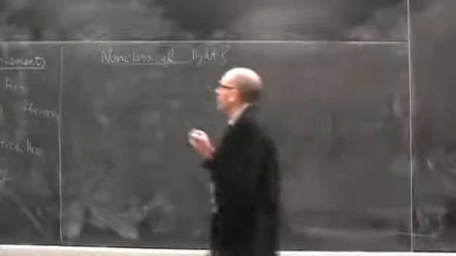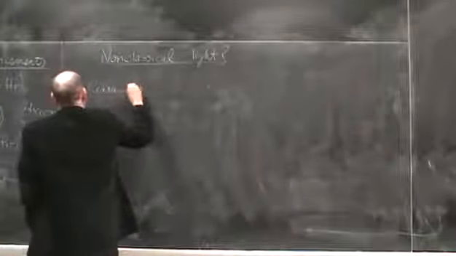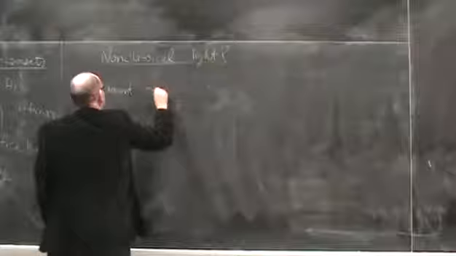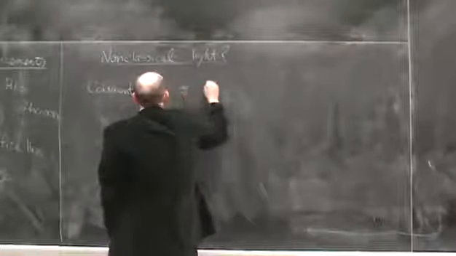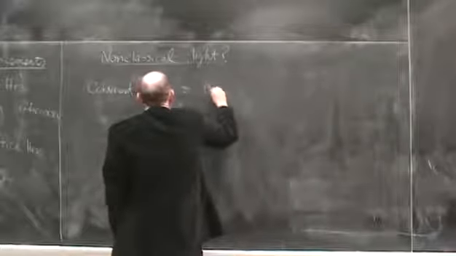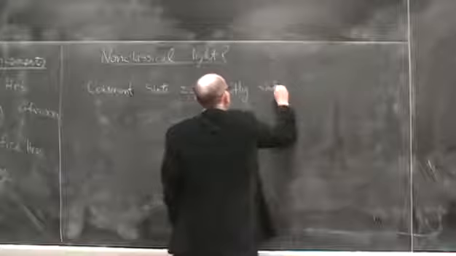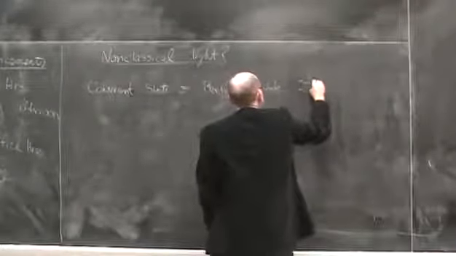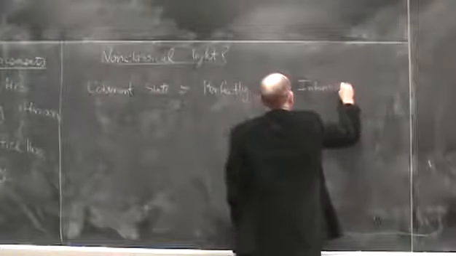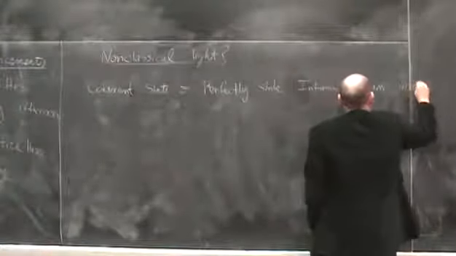What we have discussed is that a coherent state is the state of the quantum field that is equivalent to having a perfectly stable intensity or wave.